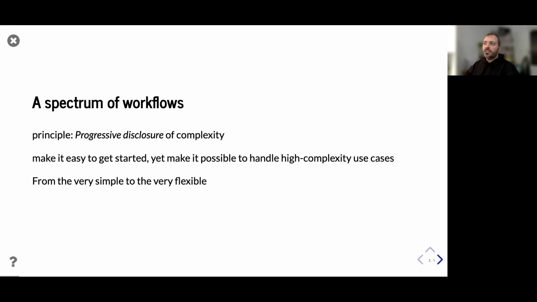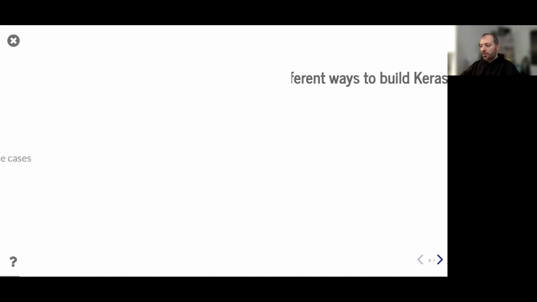So if you have something very simple, you use sequential, for example, with a starter fit, compile, evaluate, etc. methods. If you have something more complicated, you can get more in depth, you can change things, you can make custom things, you can inherit. We will see in more detail what exactly you can do in each case. And the idea is that it spans from very simple to very flexible.